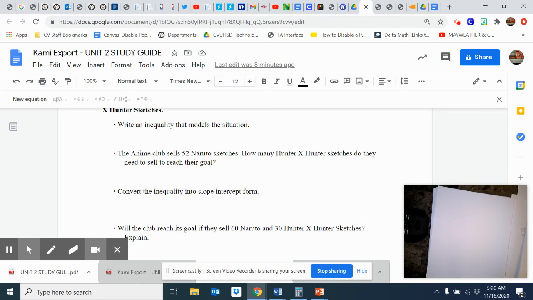Will the club reach its goal with 30 and 60 Naruto and 30 Hunter X? Let's see. 60 Narutos, you gotta do that. And 30, gotta do this. Greater than or equal to 1500. Let's see.